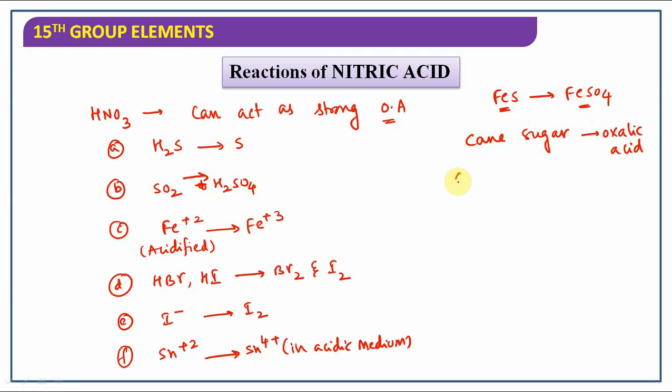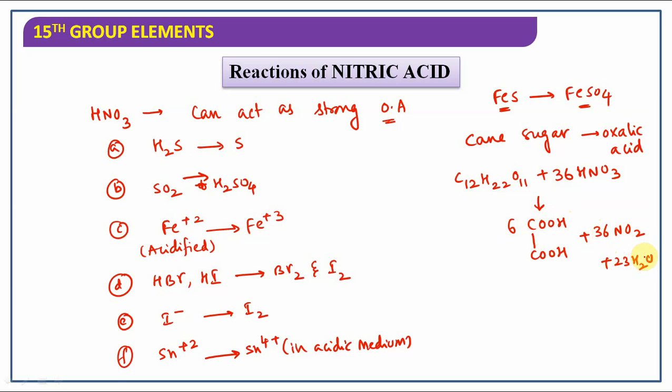Cane sugar, the formula is C12H22O11, and when treated with nitric acid it gives you oxalic acid, and you will get byproducts NO2 and H2O. Hope you understand it. So cane sugar can be oxidized to oxalic acid with the help of nitric acid.